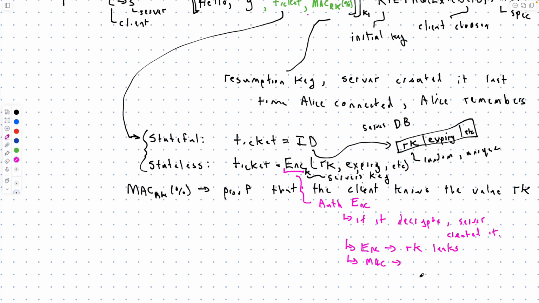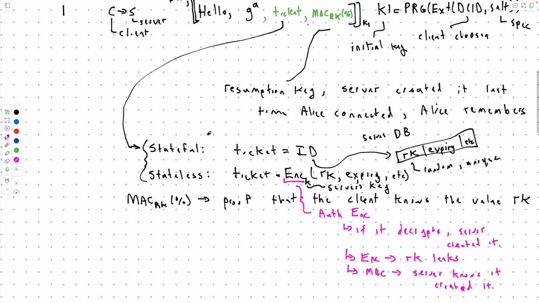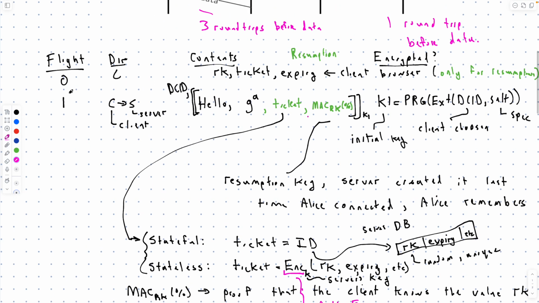So it's sort of like the server knows it created it. Okay. Good. Other questions so far? Okay. All right. So this is a lot, but we packed it into one message.